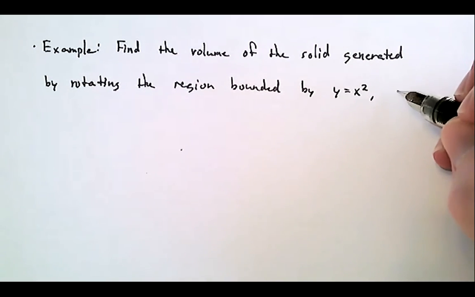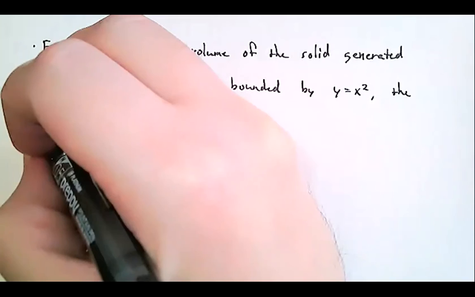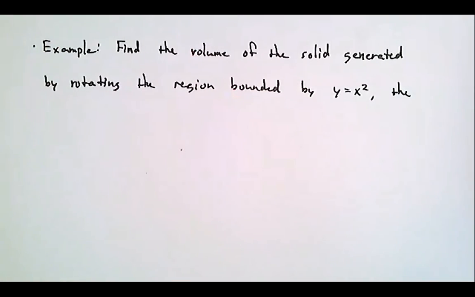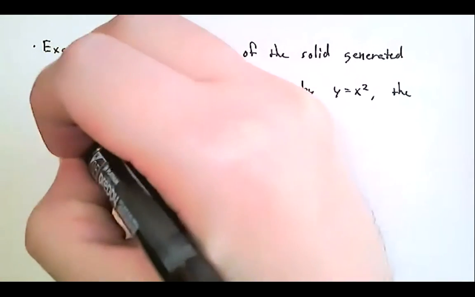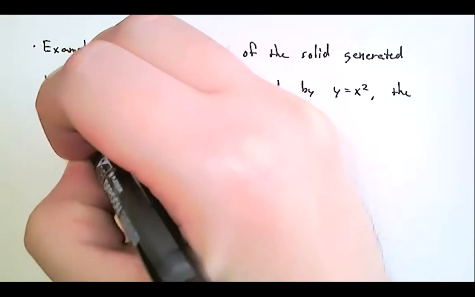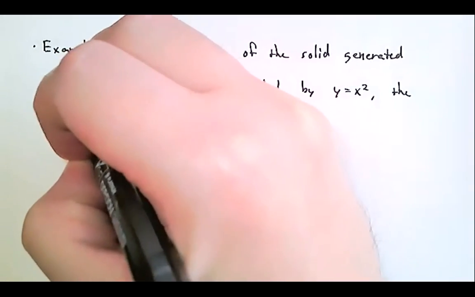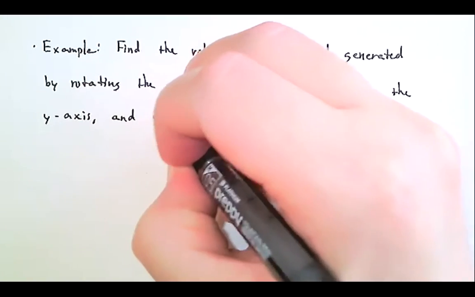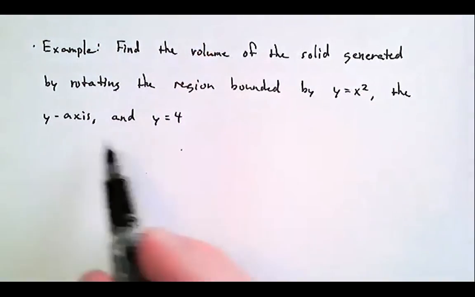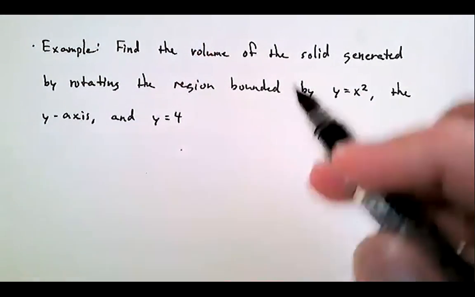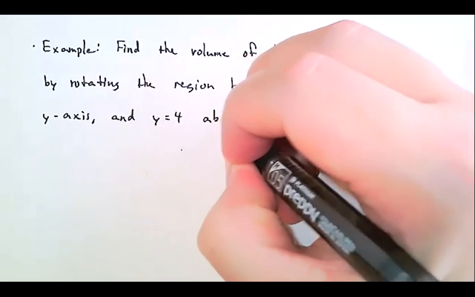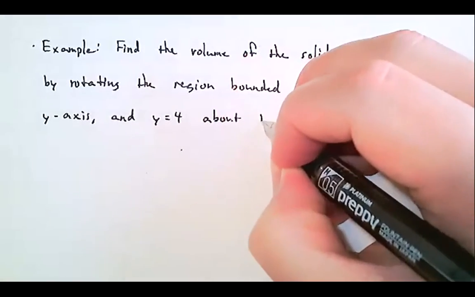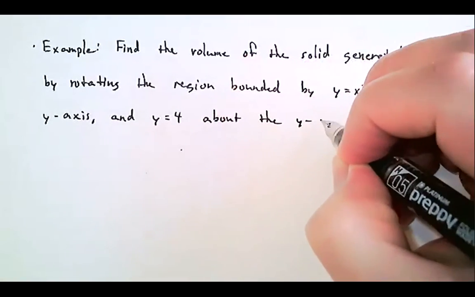And now we're going to look at a different bound, the y-axis and y equals 4. Okay, so this is the region, and we're rotating about a new line, the y-axis.